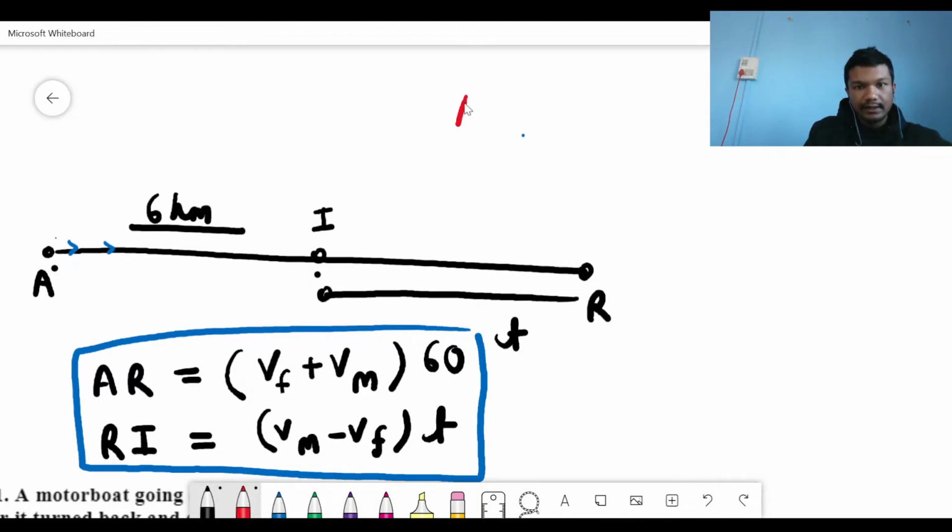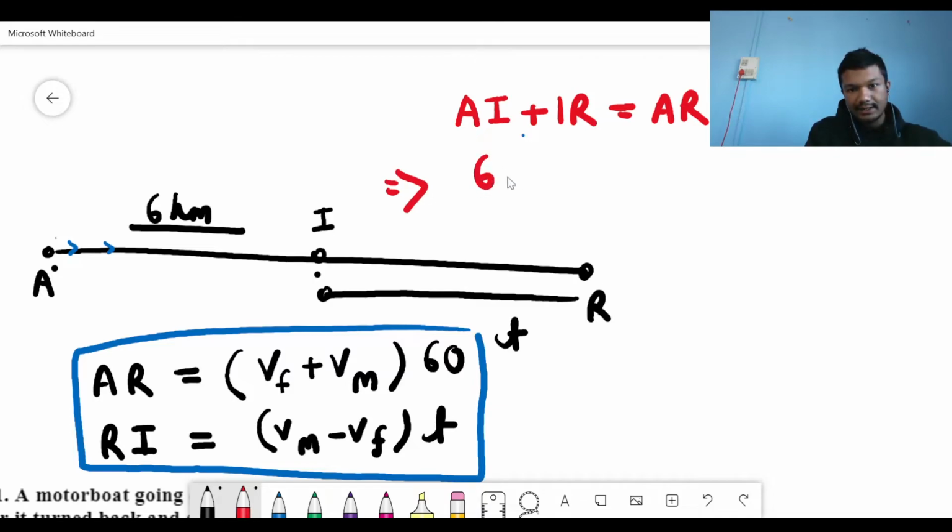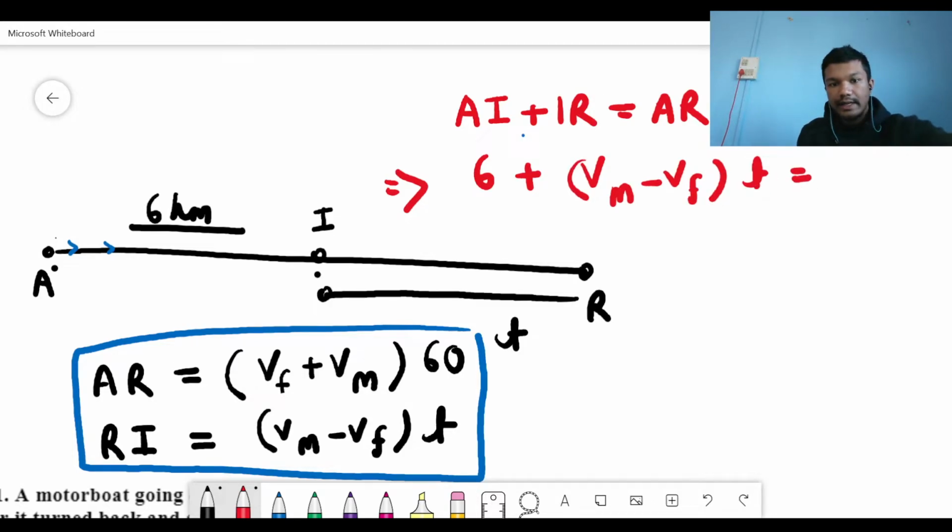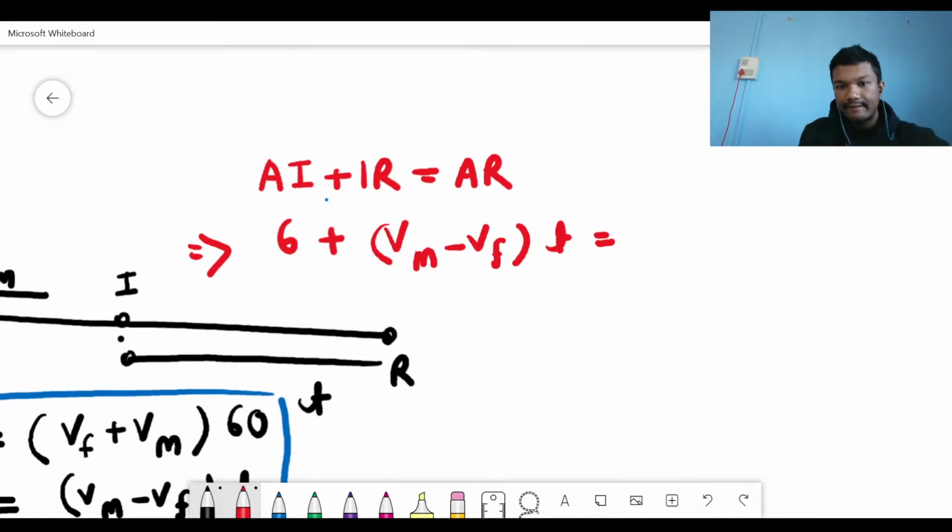I think AI plus IR is equal to AR. So AI is given as 6, IR by RI is equal to VM minus VF into t, and AR is given as VF plus VM.